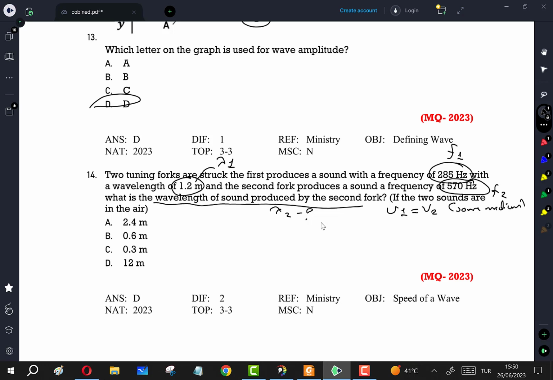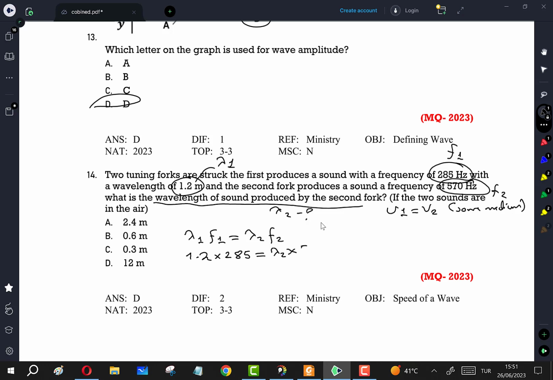It was the rule. So V1 is lambda 1 F1, V2 is lambda 2 F2, and they are equal to each other. Lambda 1 is 1.2 meter, F1 is 285, lambda 2 is the question.